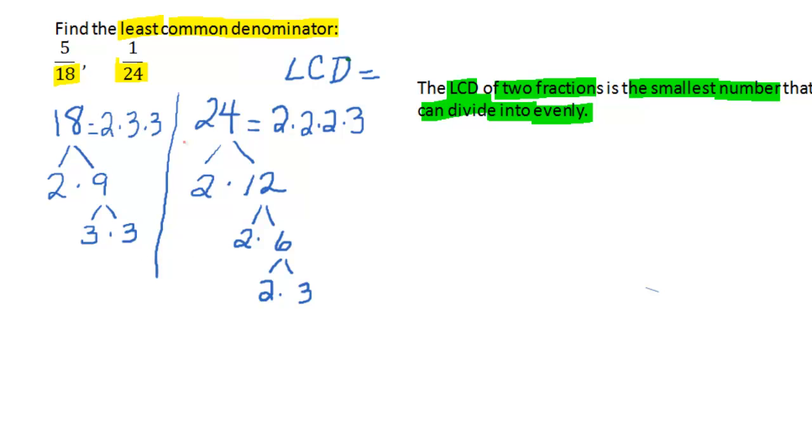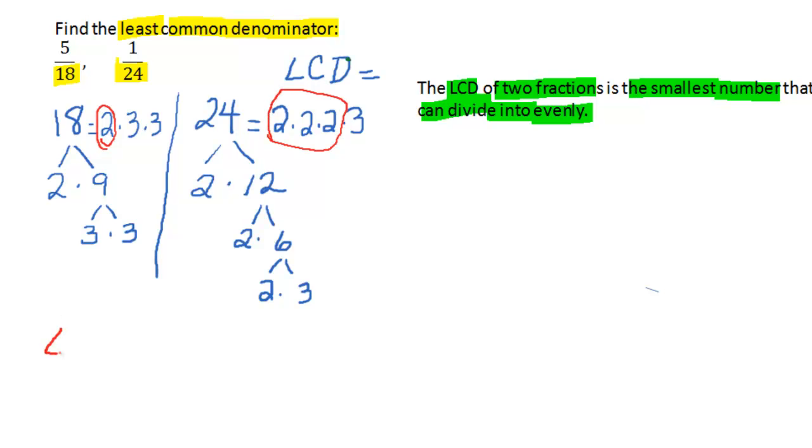Okay, so to find the LCD, we need to take a representative of each factor, and we need the highest count. So here's what I mean by that. 18 has one 2 as one of its prime factors, but 24 has three 2's.